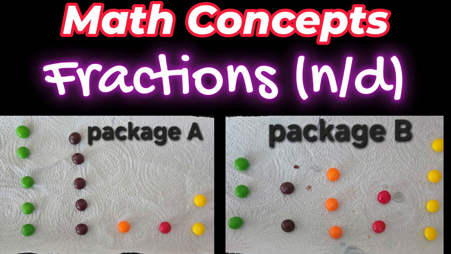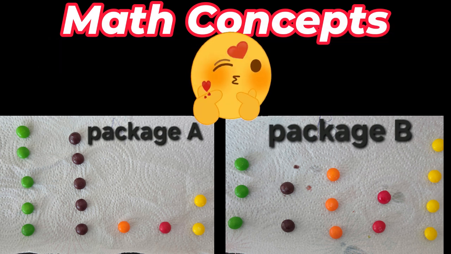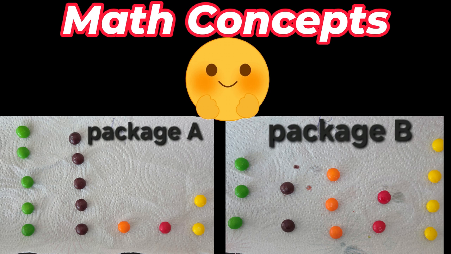And what fraction of them are yellow? And then, once we can find the fraction, we can also find the percentage of them that are green, purple, orange, red, and yellow. So there are many, many math concepts that we can do using Skittles.